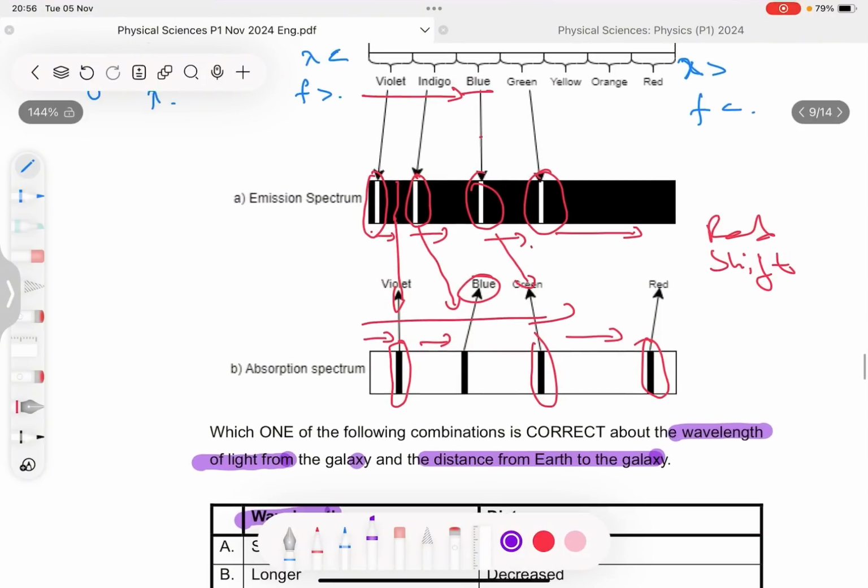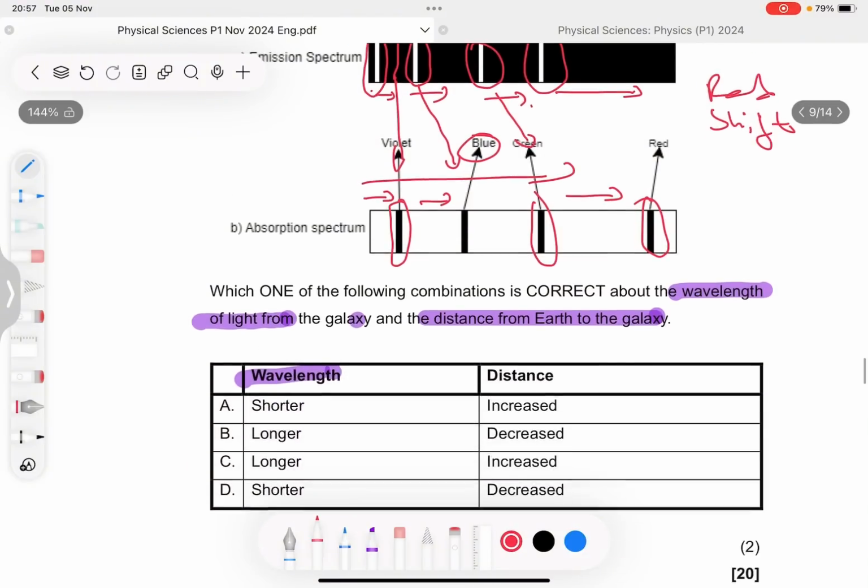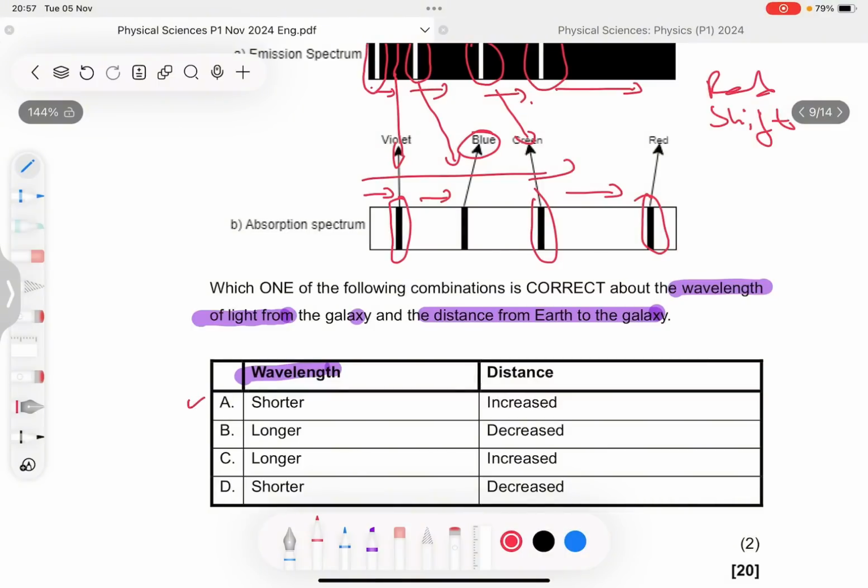Well, definitely we know that the wavelength has moved towards the red side of the spectrum, right? So it's moving towards a longer wavelength. Our answers should be here on the longer wavelength. Now these two are out, right? You cannot consider them.